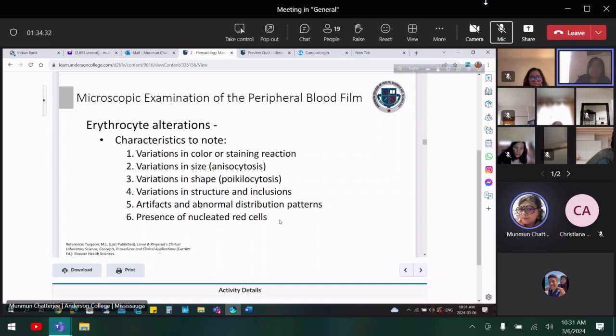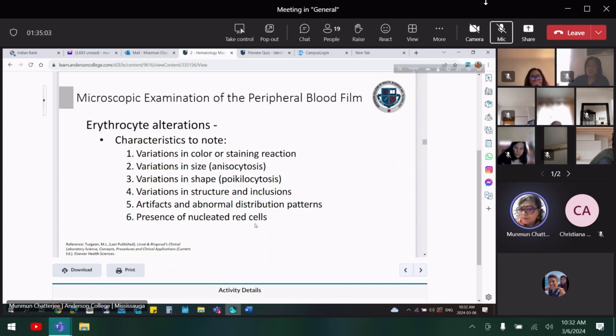Okay, that's right. But when there is presence of nucleated red cells, that means the patient has a high anemia, because they are trying to pull out the reticulocytes, which didn't get time to mature. The immature reticulocytes are coming into the peripheral circulation for the anemia. That is also common in babies, the nucleated RBCs. Babies are different because they are always getting maturation, right? Within 5 years, everything is settled down.